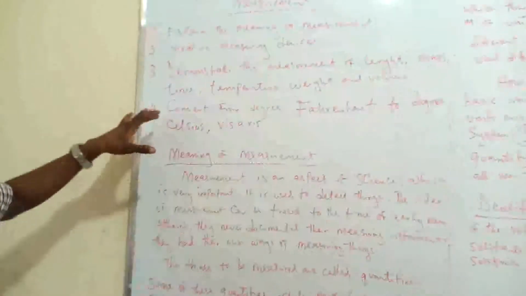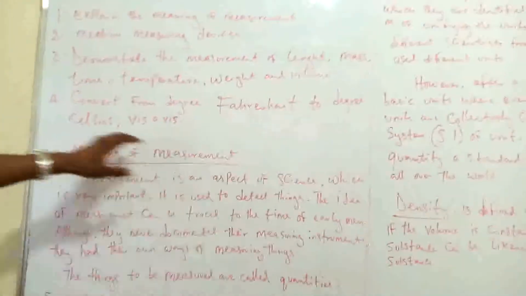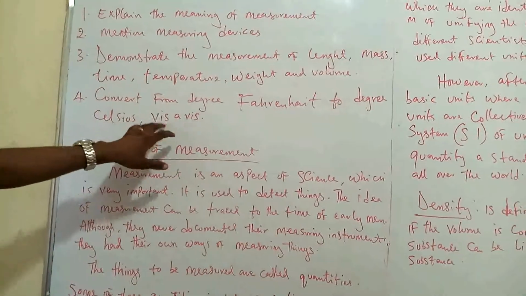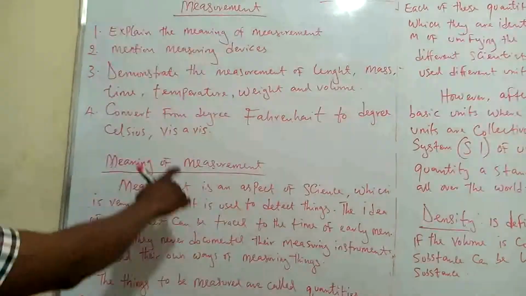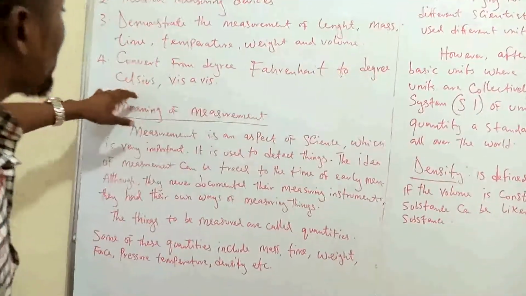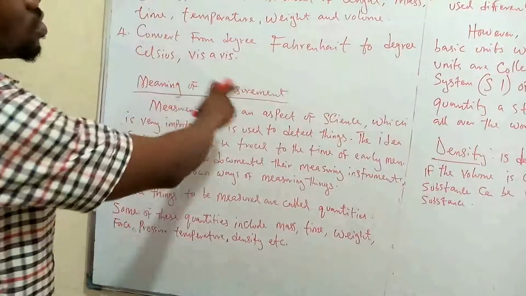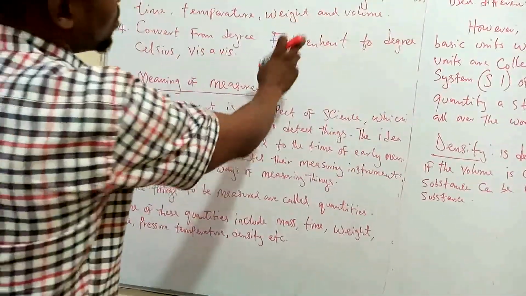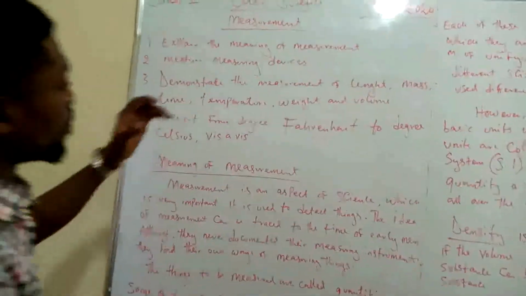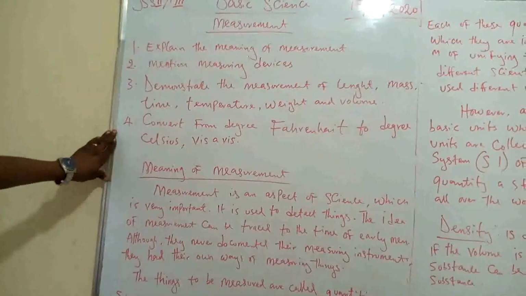We're also going to learn how to convert from degree Fahrenheit to degree Celsius, vice versa. Vice versa here simply means we're also going to convert from degree Celsius to degree Fahrenheit.